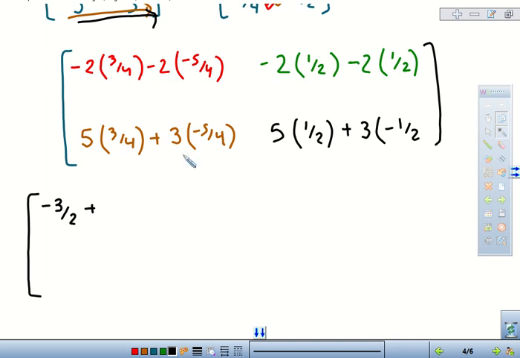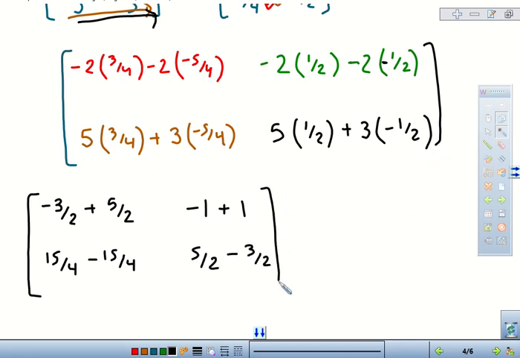What is 10/4 reduced to? 5/2. Okay. Now this one here is going to be 15/4, and then this is minus 15/4, right? This one over here becomes a -1, and this becomes, this should have been a negative, by the way, sorry, +1. And then this becomes 5/2 minus 3/2.